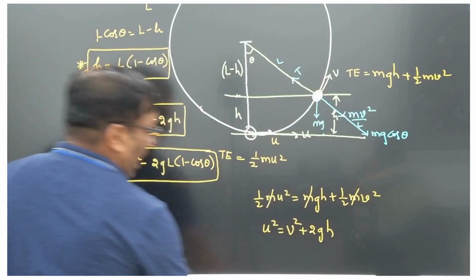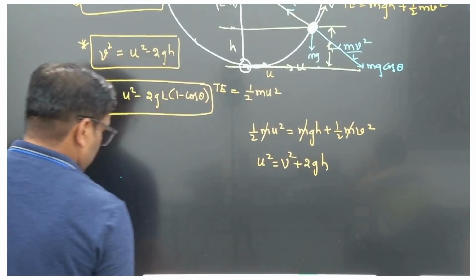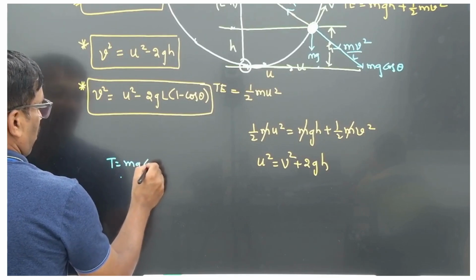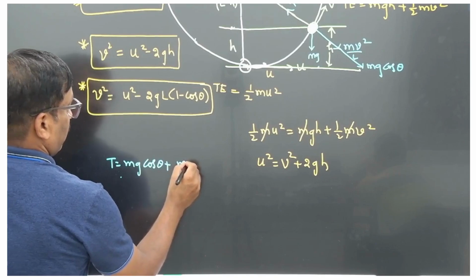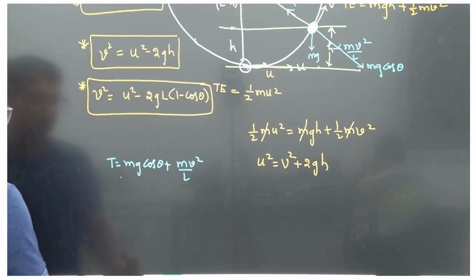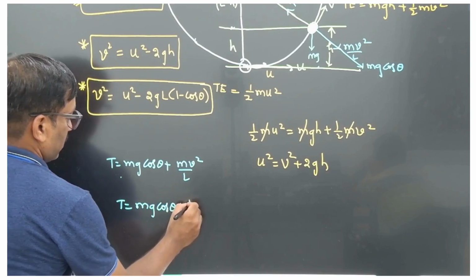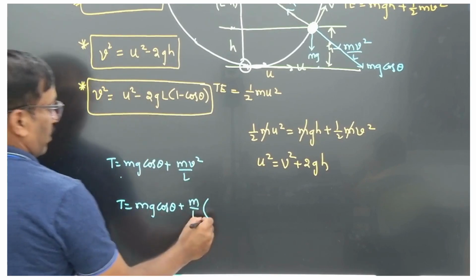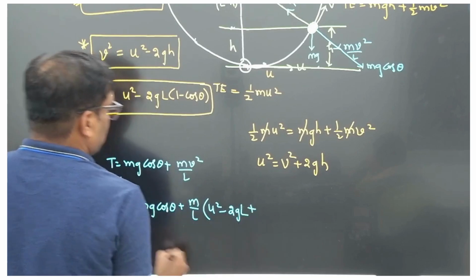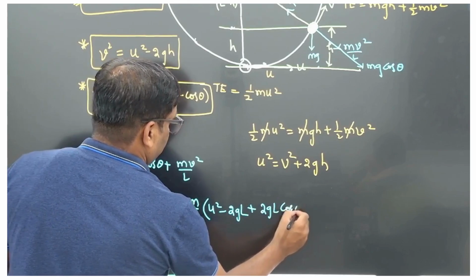Therefore tension can be written as: tension is equals to mg cos theta plus mv square by L. Now we substitute the v square value. Tension is equal to mg cos theta plus m by L into u square minus 2gL plus 2gL cos theta.